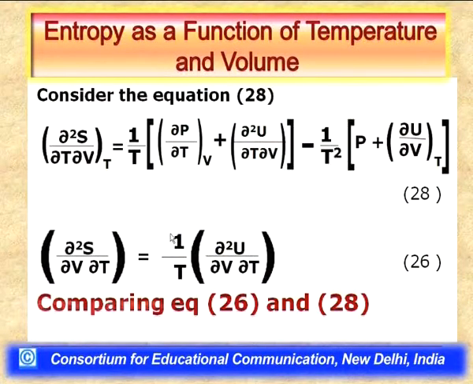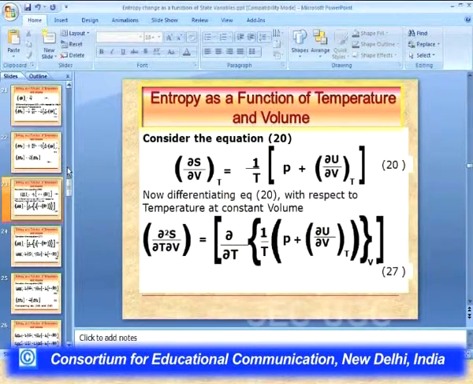If you notice, as we just said about Euler's theorem, if there is a state function, then if we consider its second derivative with respect to two different variables, the order of differentiation is immaterial.